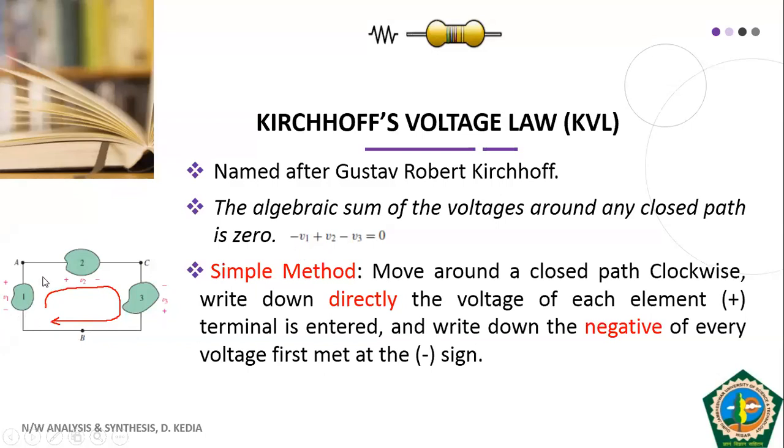Then we move forward and enter element 2 at the plus sign, so we write plus V2. Moving forward, we reach element 3, enter at the negative sign, and write minus V3. Then we reach the same place where we started, and we stop there. The algebraic sum of voltages so written is equal to 0. In this case we get minus V1 plus V2 minus V3 equals 0.